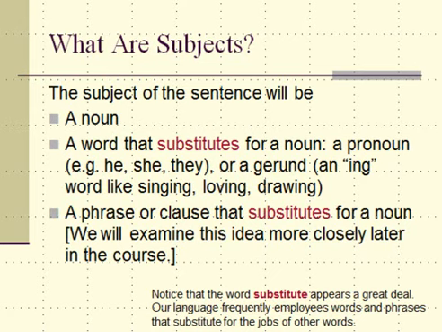Substitutes for nouns can be pronouns, even gerunds, which are -ing words that act like nouns, or even phrases or clauses that serve as nouns. We will be looking at phrases and clauses substituting for single words later in another lecture.